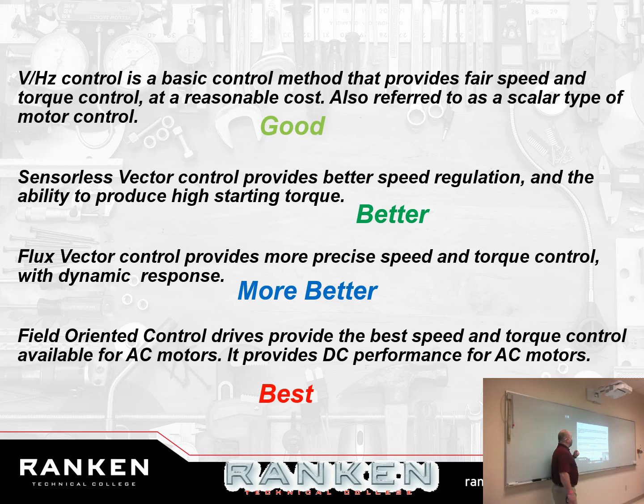Sensorless vector essentially just tells this thing, a vector drive tells it to turn on and run at a specific speed. So I'm telling this drive that I want to maintain 1800 RPM, or 1900 RPM, or 1100 RPM, right? But it's sensorless, so there's nothing telling the drive that it's at 1800 RPM.